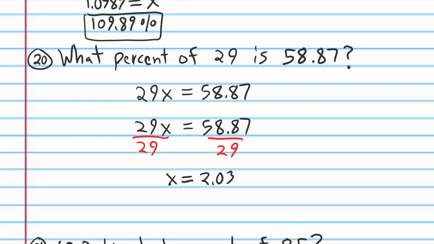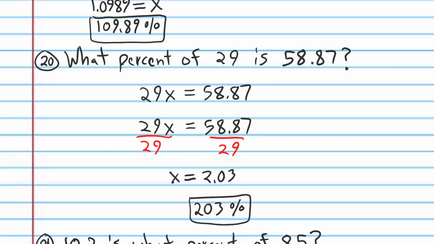Move the decimal 2 places to the right, and you have 203%. So if you got 203%, good job.